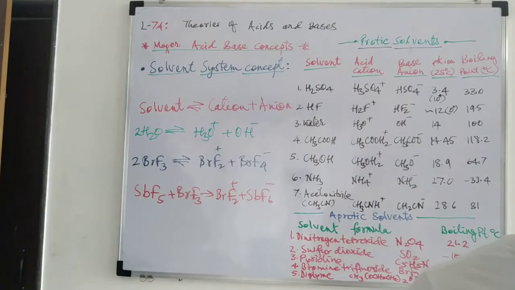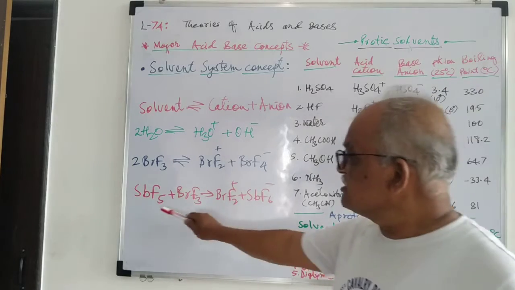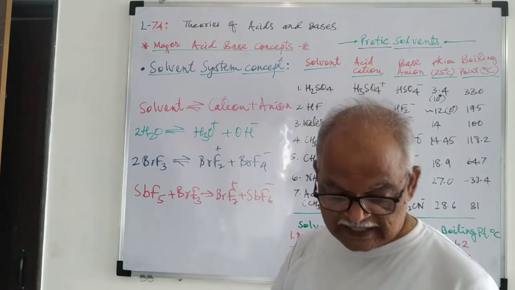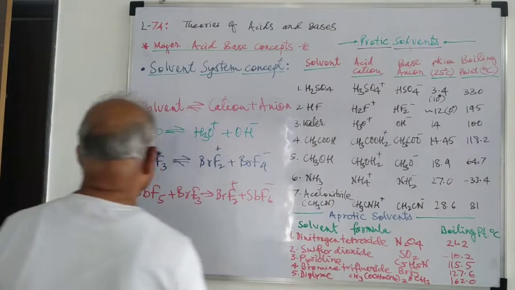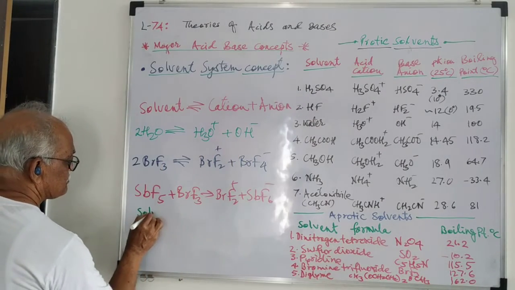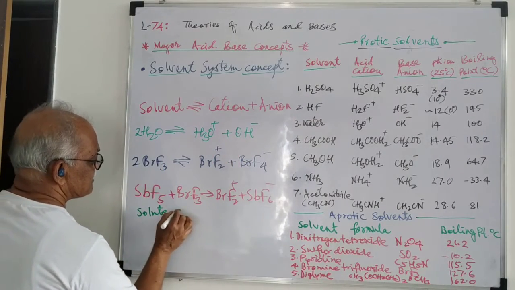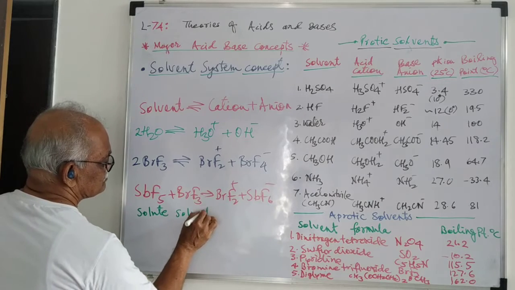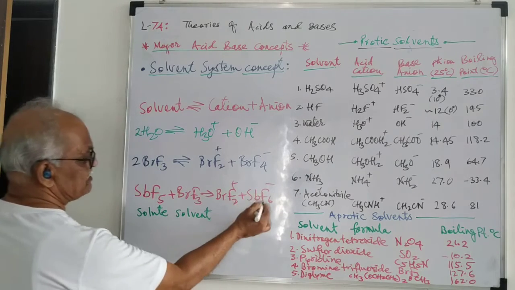So here the SbF5 is a solute, BrF3 is a solvent, this is the cation, and this is the anion.